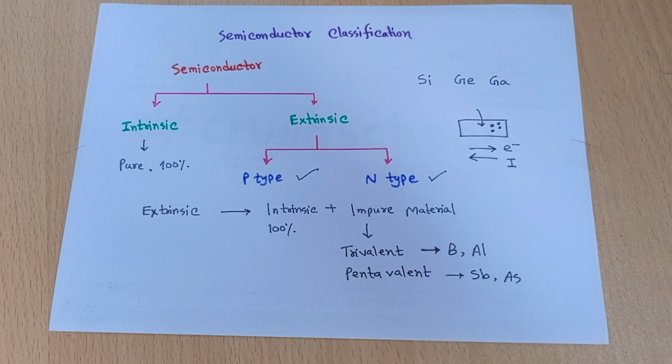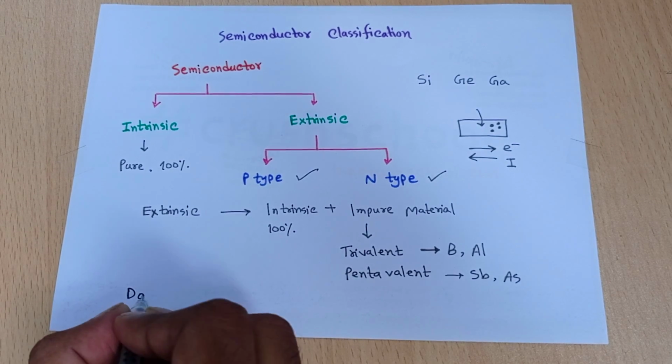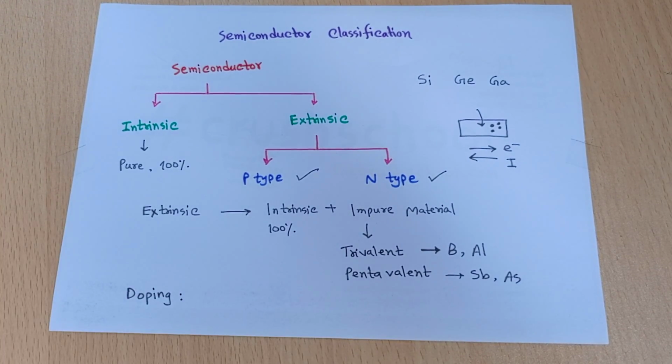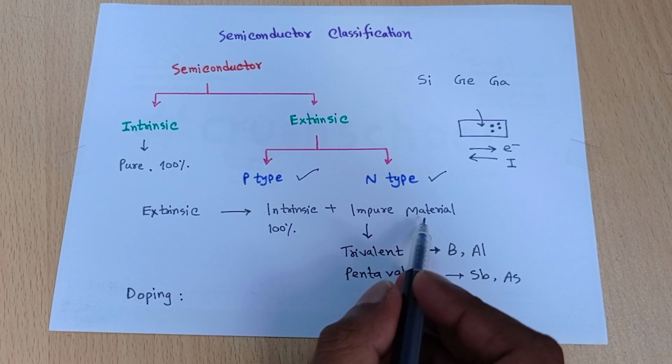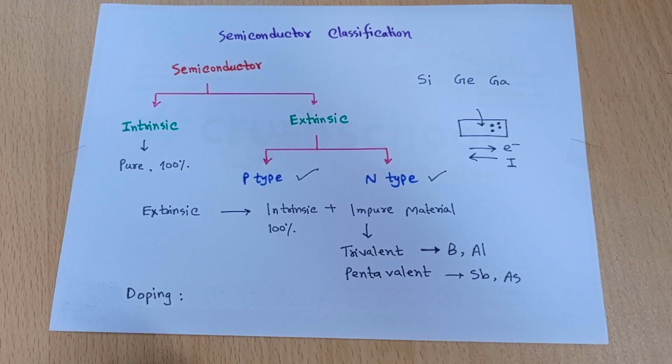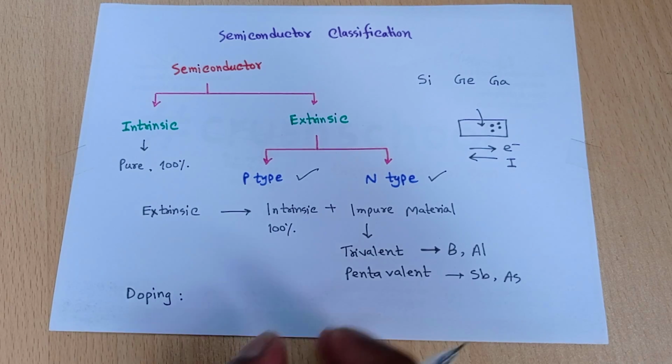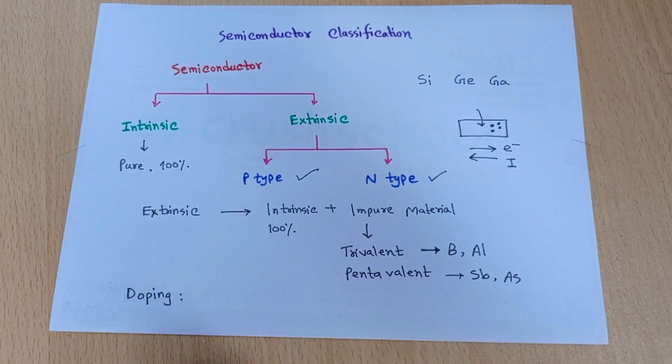Another thing that I want to share is the topic of doping. So what actually is doping? When we attach any impure material to a pure semiconductor, this process is called doping. With doping, we can easily attach the impure material to a pure semiconductor.